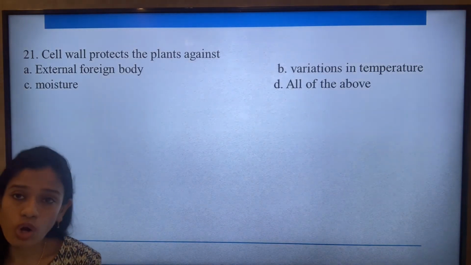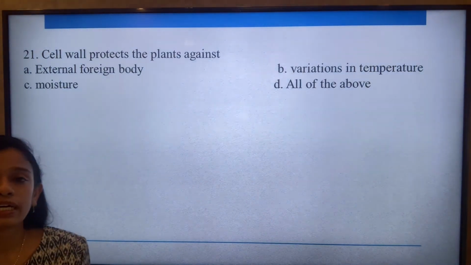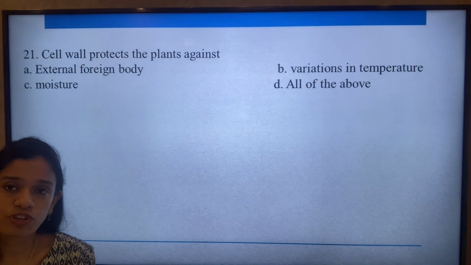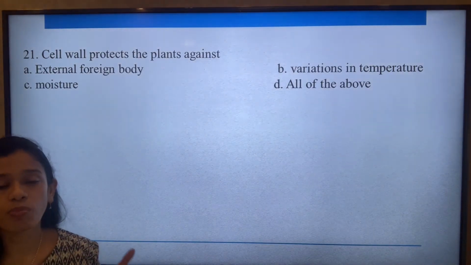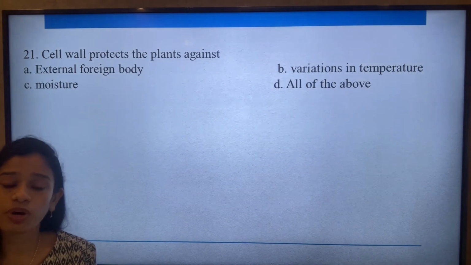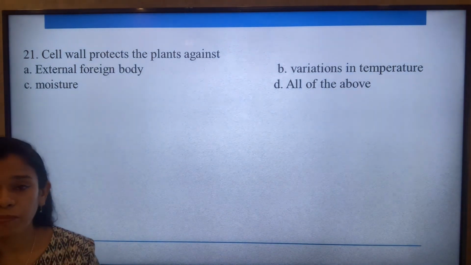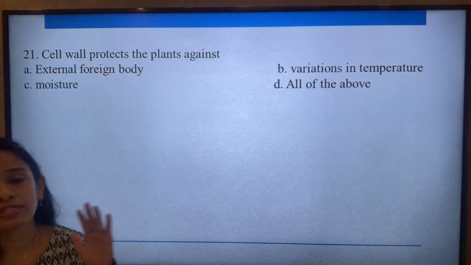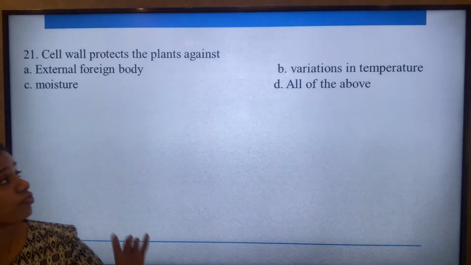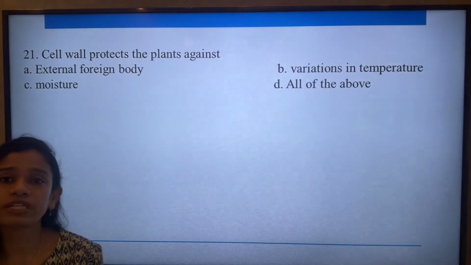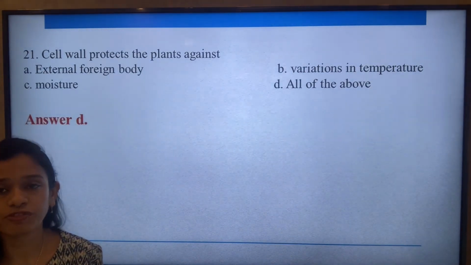So it is all of the above. The cell wall protects the cells from any foreign body, maintains the temperature, and also maintains the moisture content of the cell. The cell wall performs all these three functions. So it is D, all of the above.